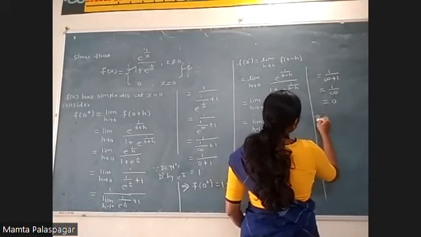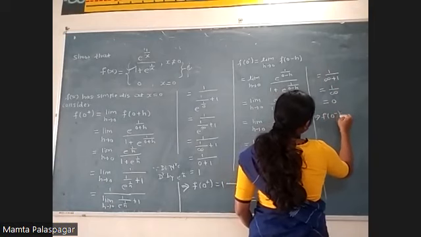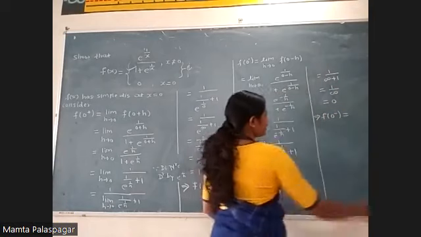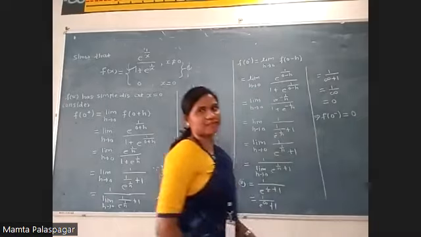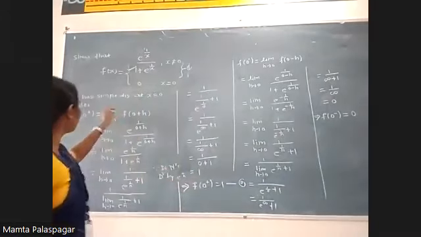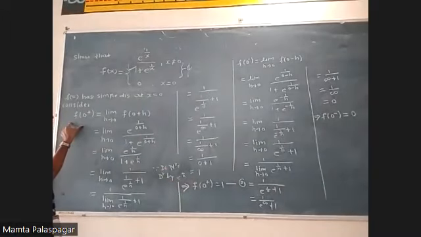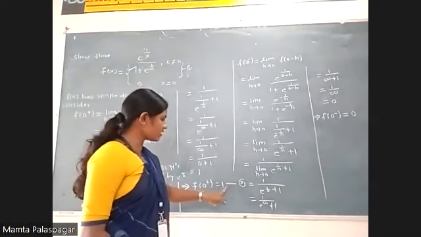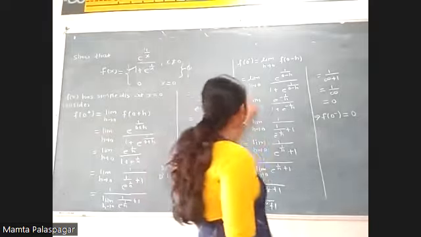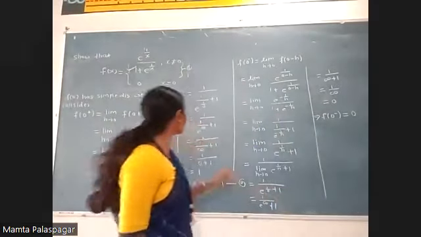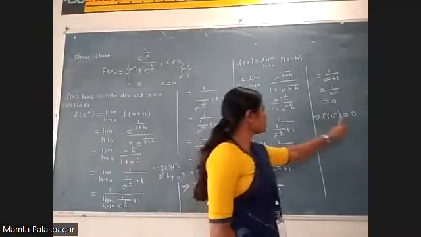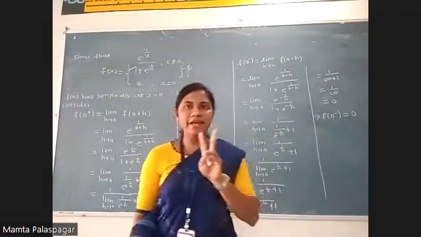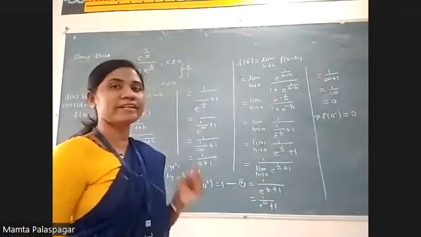So this implies that f of 0 minus, the left hand limit, exists. So in this example, the right hand limit of the given function at the point x equal to 0 is the existing value 1. Again, the left hand limit of the given function at the point x equal to 0 is 0. Both these values exist, but they are different.